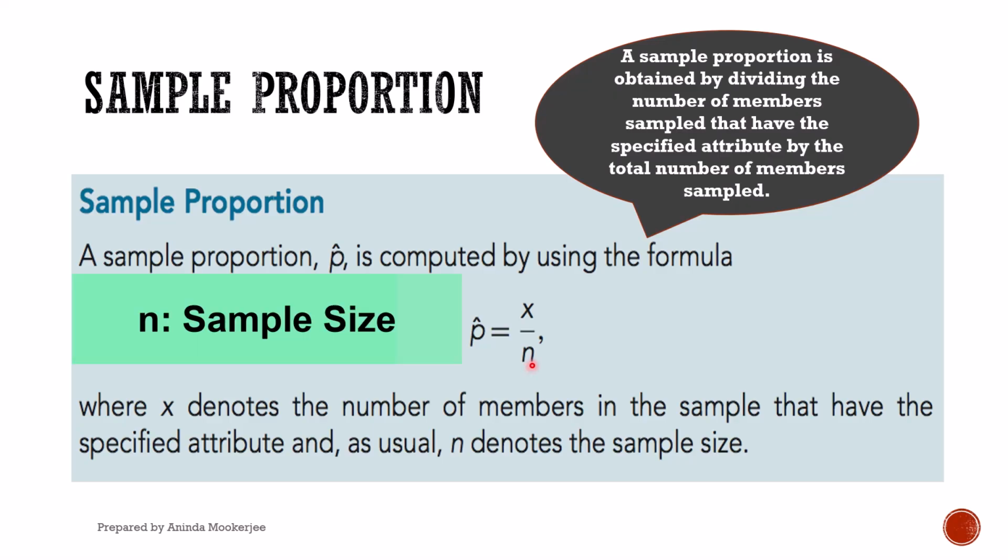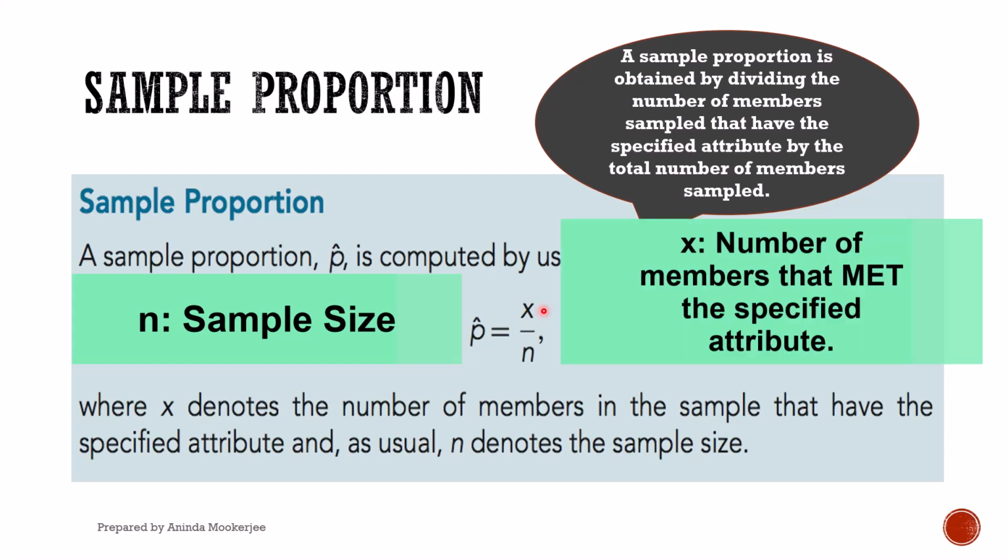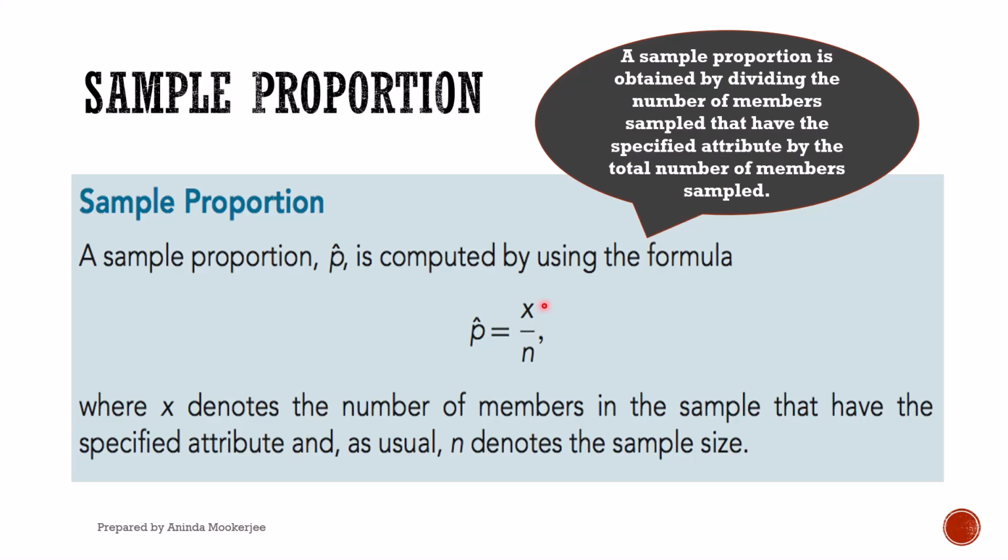N stands for sample size, and x denotes the number of members that have met the specified attribute we were looking for. So in other words, we will have our sample size, right?